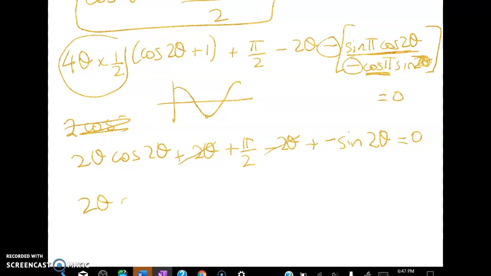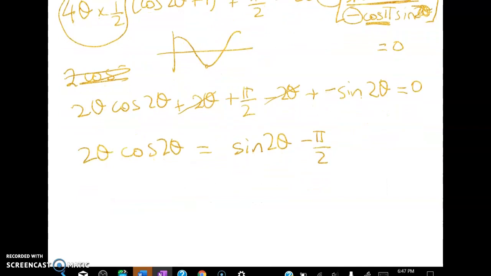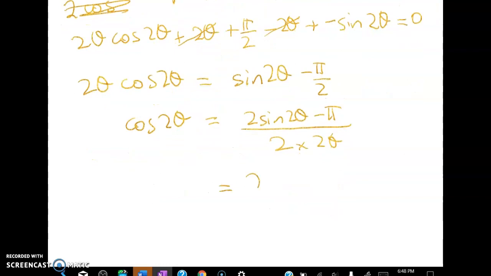We have 2 theta cos 2 theta equals sine 2 theta minus pi on 2, so cos 2 theta is equal to 2 sine 2 theta minus pi, over 4 theta. So we're finished, as required.